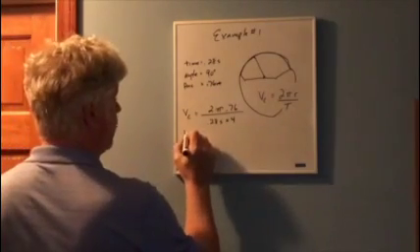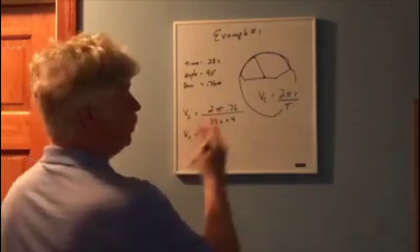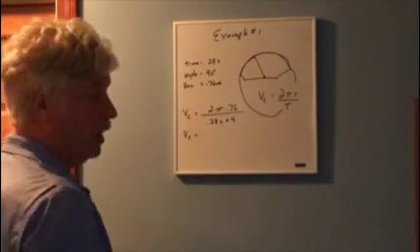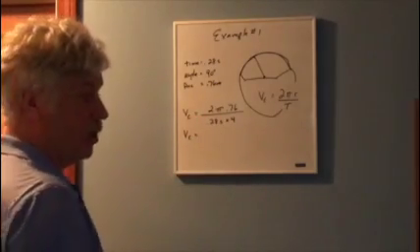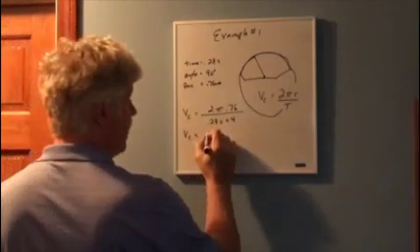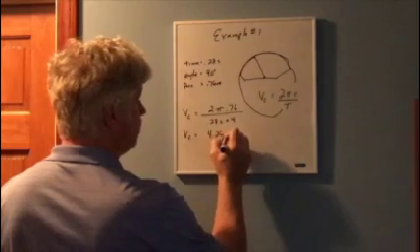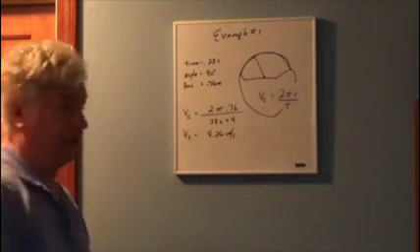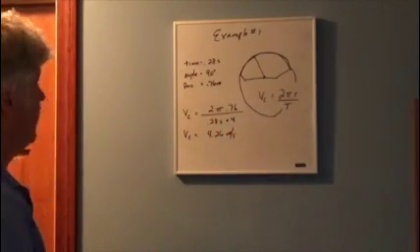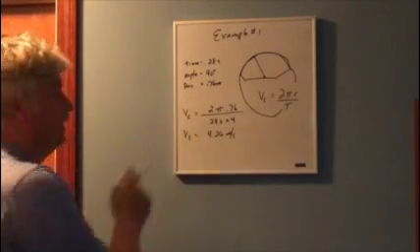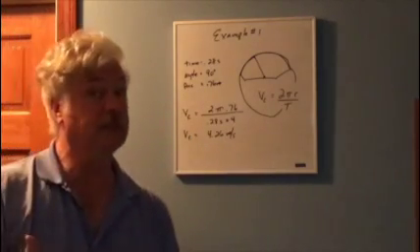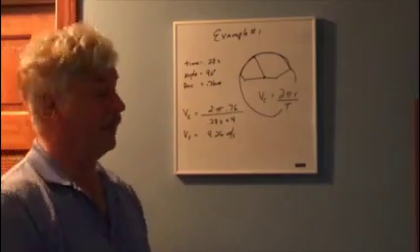So we get velocity centripetal, 2 times pi times 0.76, and when we do that out we get 4.26 meters per second. That's going to get us our velocity centripetal, but we didn't want velocity, we wanted acceleration.